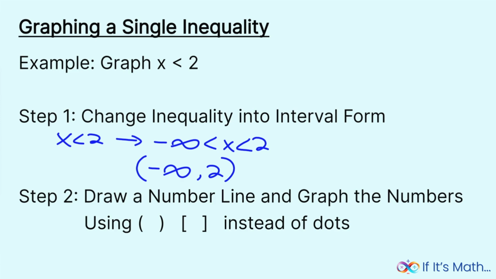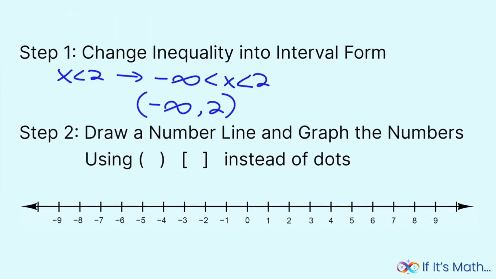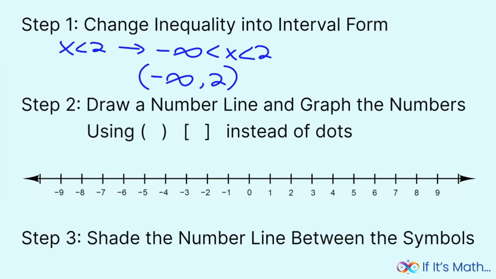Okay. So then step 2 with this is draw the number line, which we have already here digitally, and then graph the numbers using the parentheses or the brackets instead of the dots. What's important here is to pay attention to what direction it is when it's touching the number. So for the 2, we have the parenthesis like this.